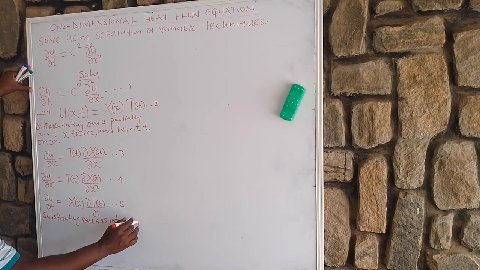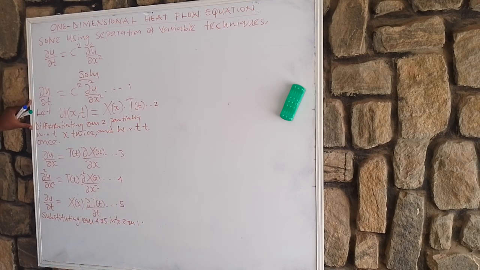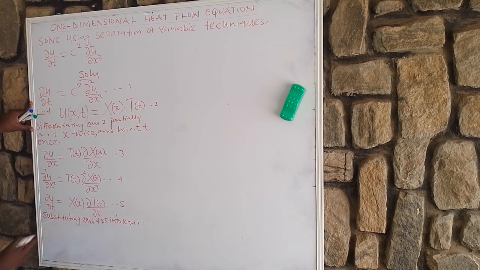Anywhere you see partial u over partial t, you write this. So X of x times partial T of t over partial t will now be equal to c squared.